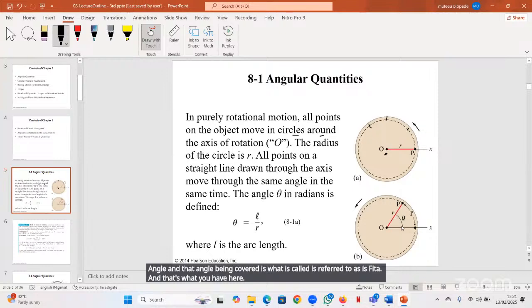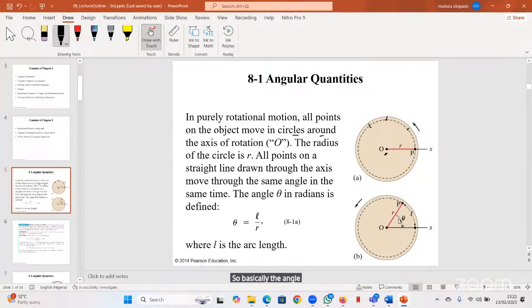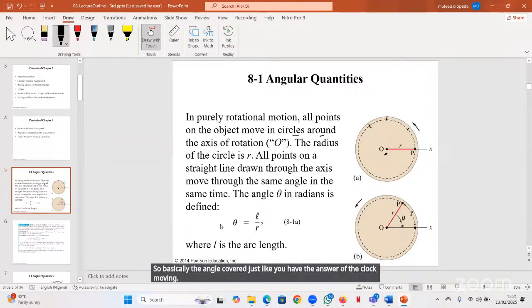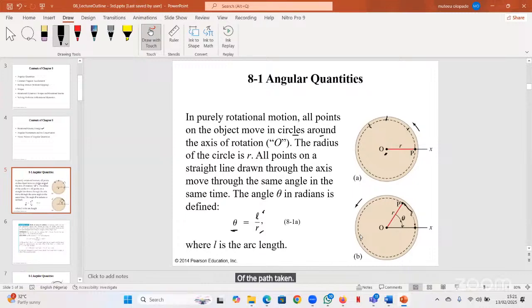Basically, the angle covered, just like the hands of a clock moving, is given as theta. And that theta is equal to what is covered here, like a displacement L, divided by the radius of the path taken. This L is the arc of a circle.